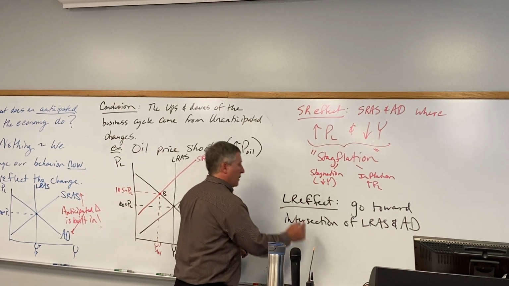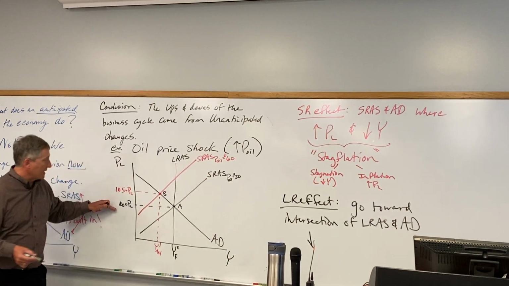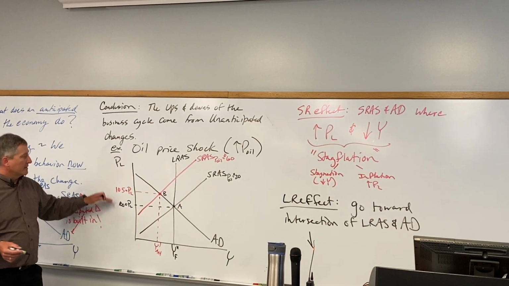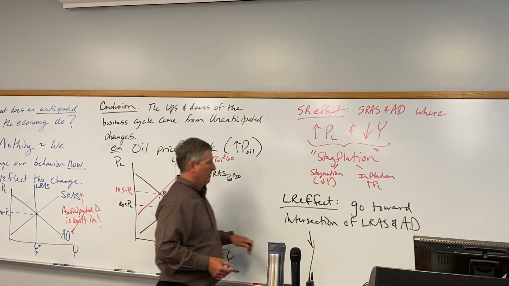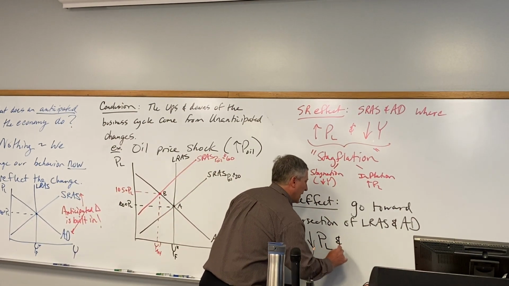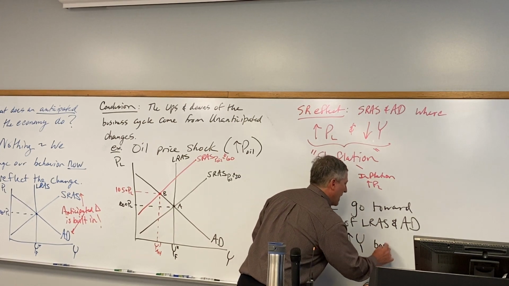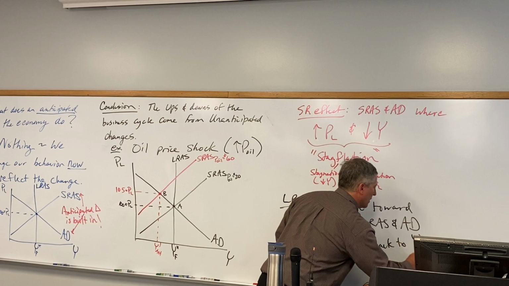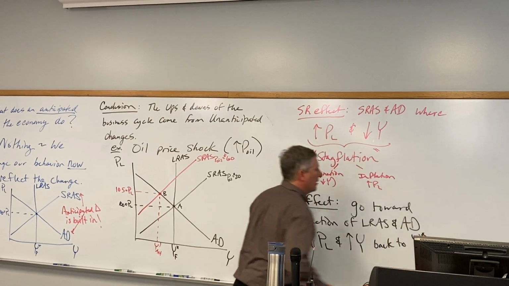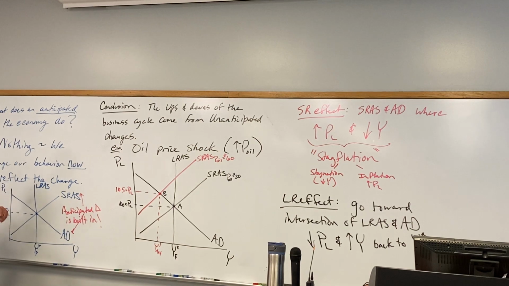And so prices are going to deflate. Output prices as well. So prices are going to adjust. So a decrease in the price level and an increase in output back to the full employment level of output. That would be the invisible hand effect.